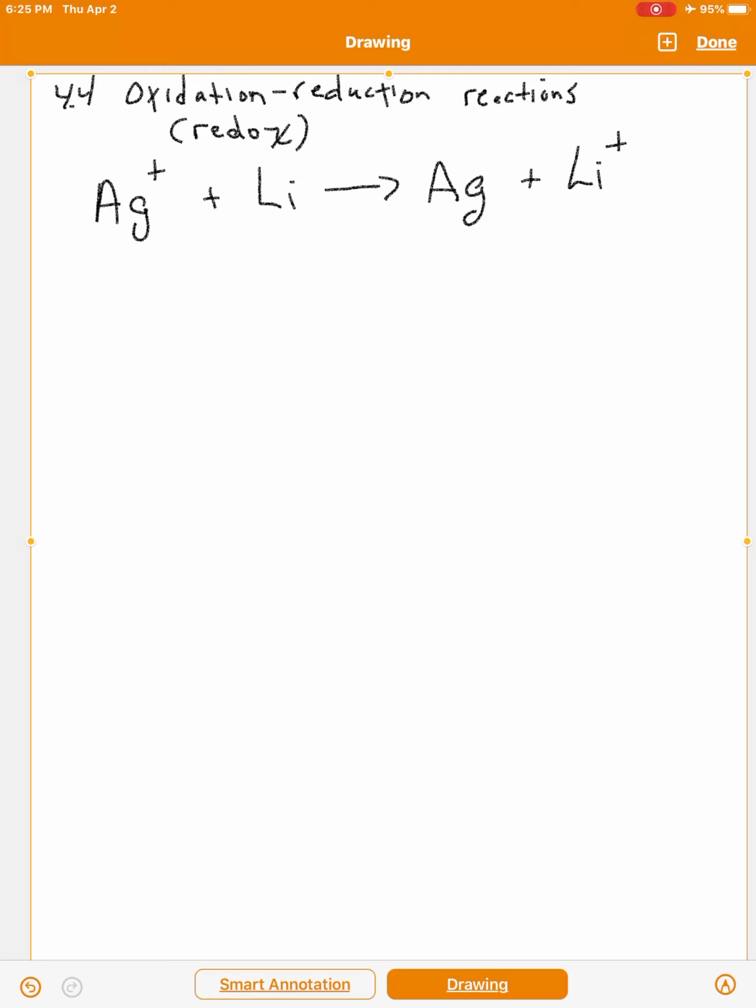And the reducing agent is the substance that donates electrons to the other reactant. So since the lithium lost an electron, it's called a reducing agent.